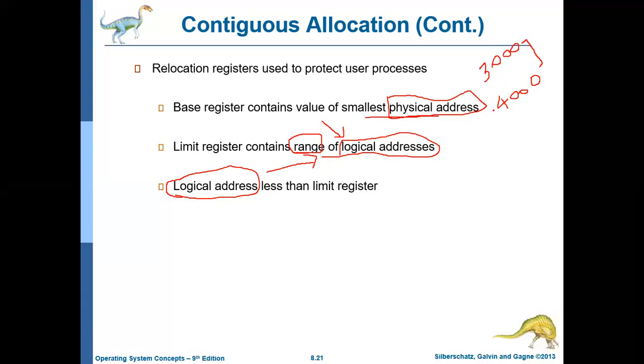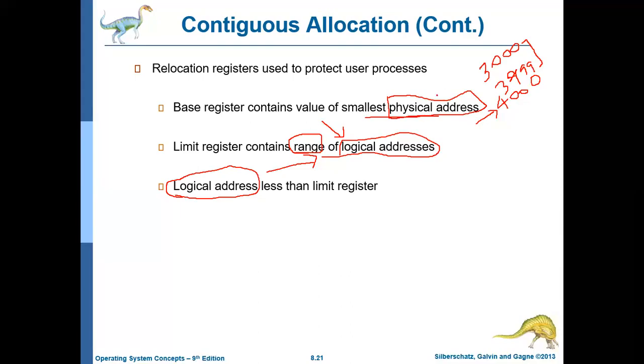It cannot access 4000; 4000 is the limit. So the actual addresses it can access are from 3000 to 3999. This many locations it can access.